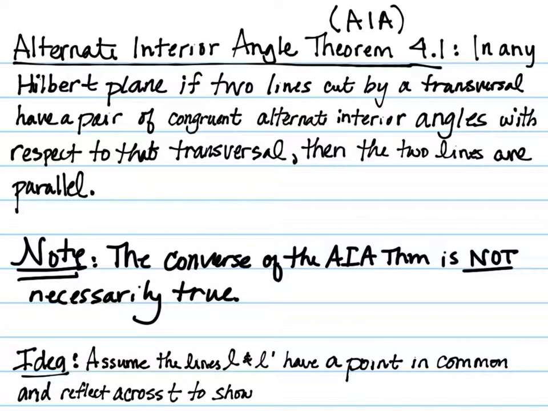That's a problem. So we're going to show they have 2 points in common, and that'll be a contradiction because you can't have 2 points in common. Okay, so that's our goal as we're trying to do this particular proof, is to do it that way.